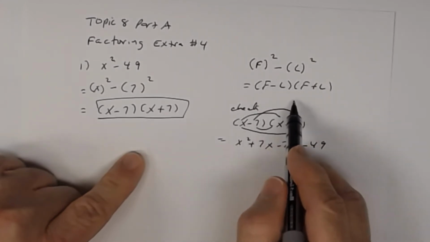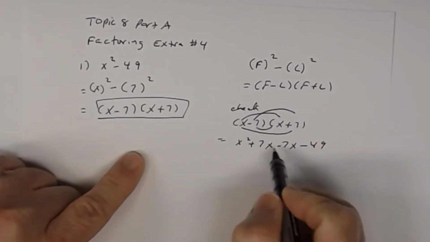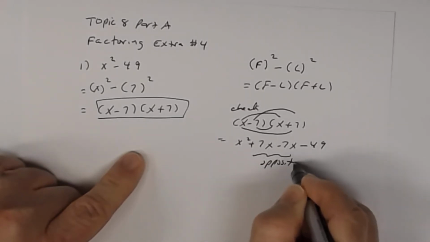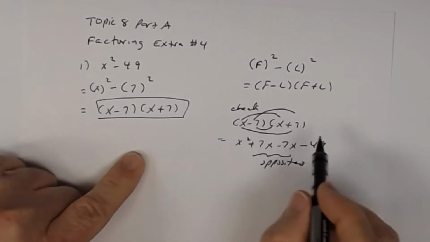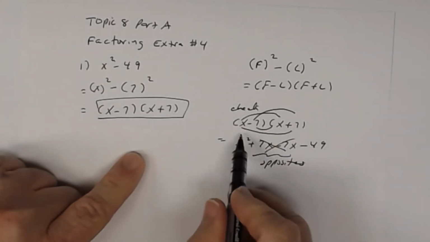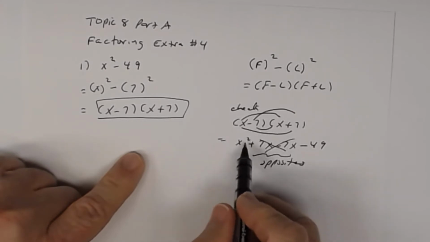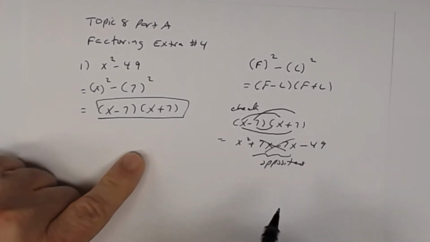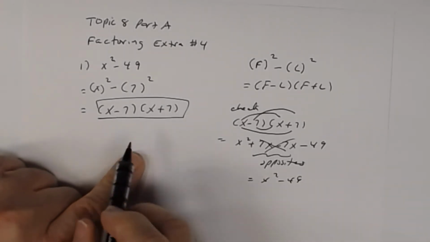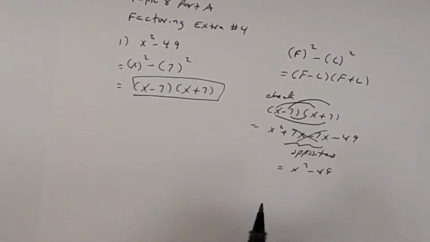That means that when you do the outer and the inner, they will be opposites. So if you do have the difference of two squares, the outer and the inner will add to be 0, and you just have the first squared minus the last squared. So this becomes x squared minus 49, which is what you wanted. So that was correct.